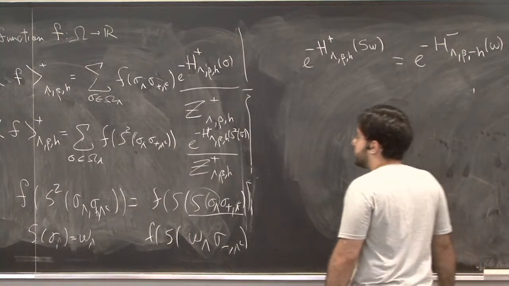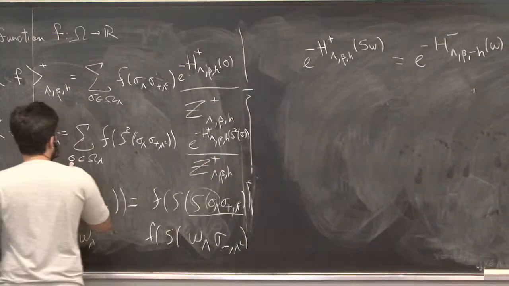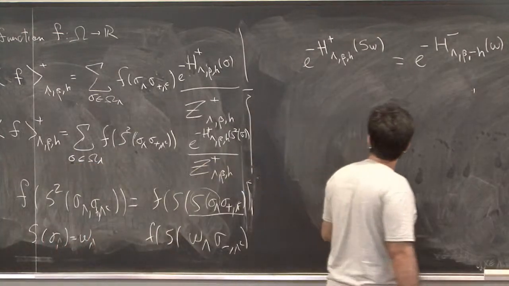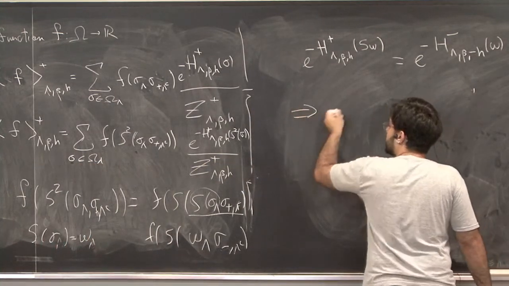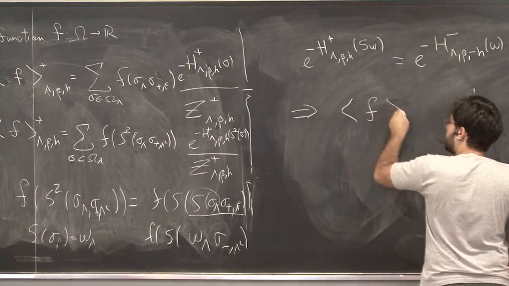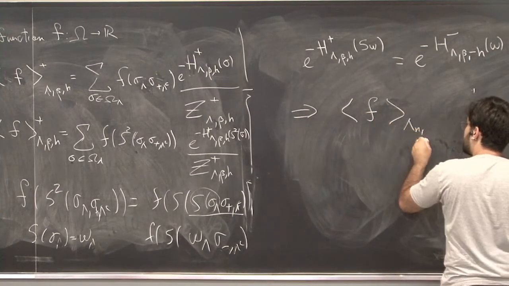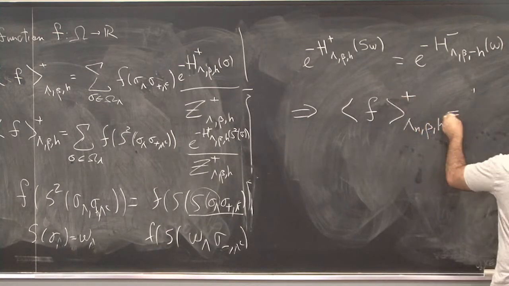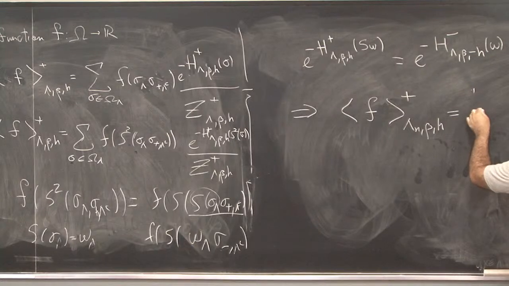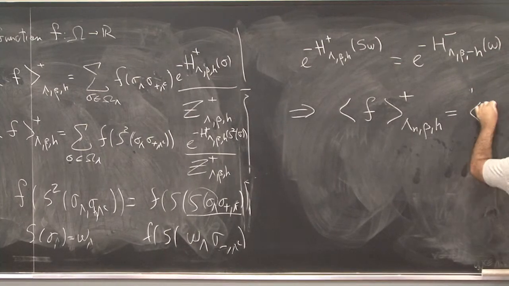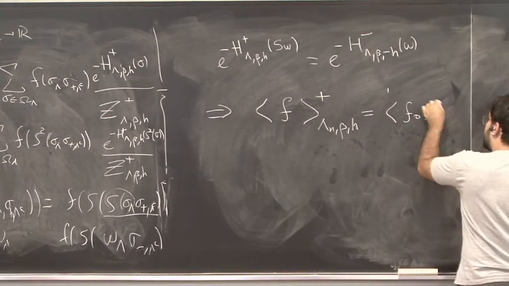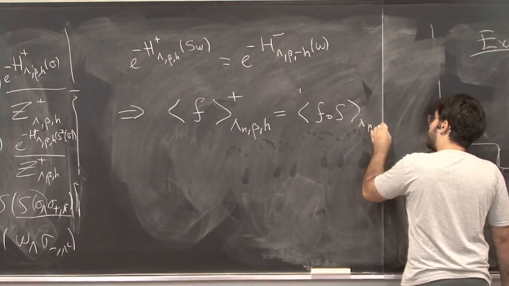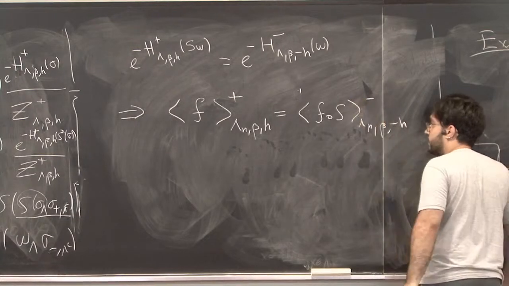And since this is a bijection, summing over all the configurations is the same as summing over all the configurations omega. So this implies that f, the expectation value of x, beta h, plus, actually equals f composed with x, the spin flip action, Lambda n, beta minus h minus.